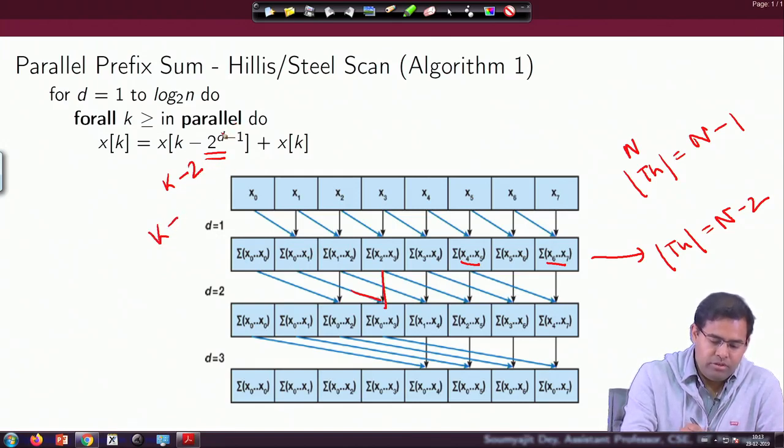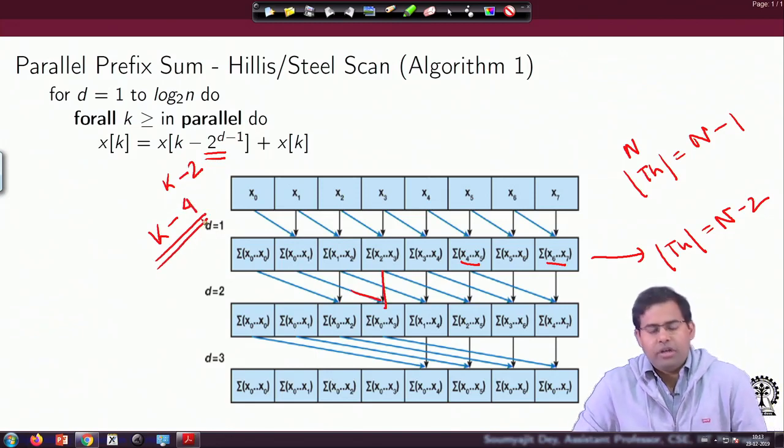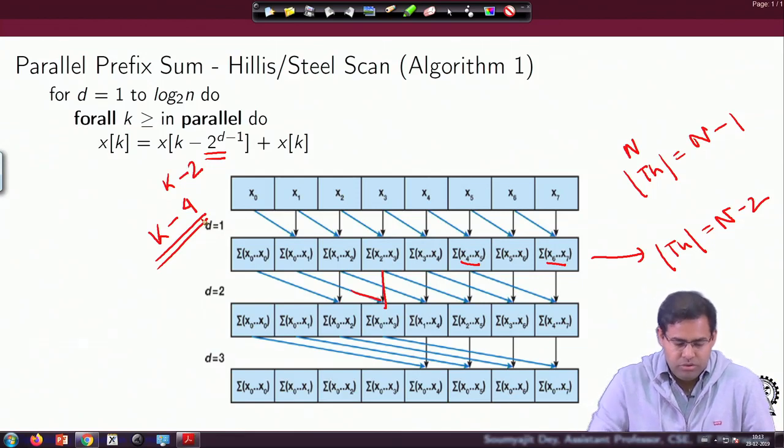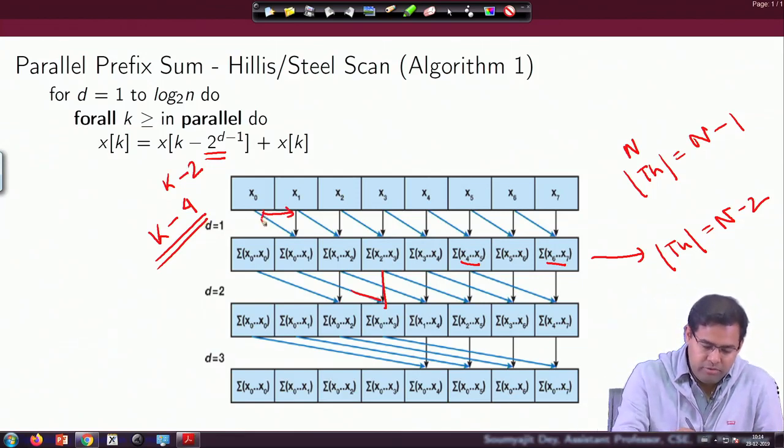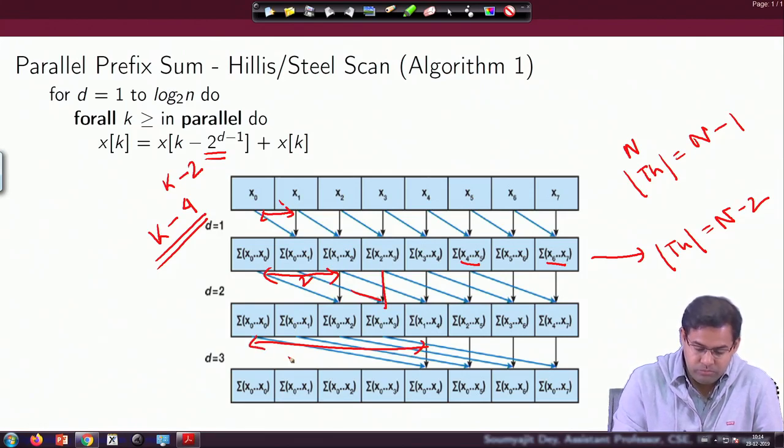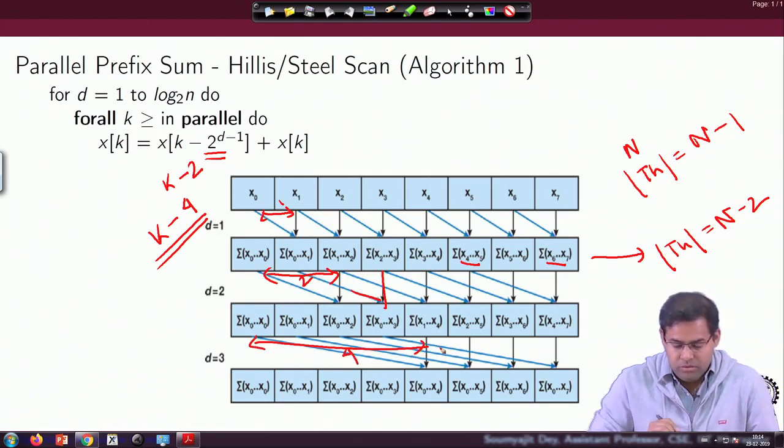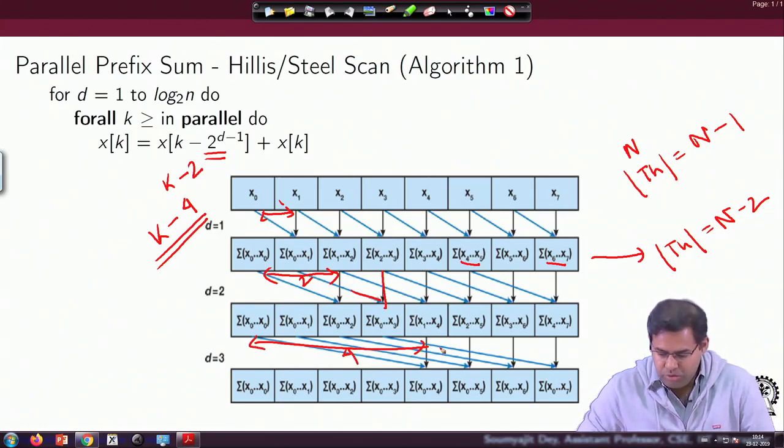Since d is 3, two to the power 2, the threads would now operate at a stride of size 4. So you start with a stride of 1 and you are just multiplying your strides by 2. And of course, this should now work.